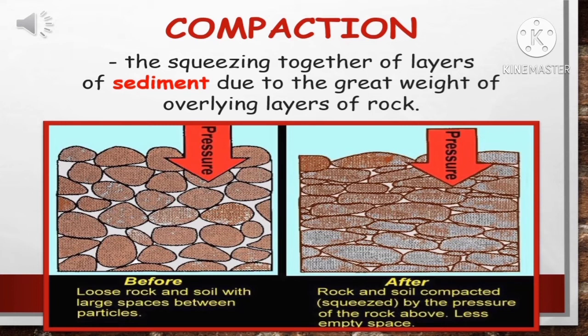Parang, it will become compacted, no? Because of the pressure na nanggagaling po dun sa mga bagong layers na kumukover, or sa bagong layers na dumadating at umiipit dun sa mga underlying layer. And that is what we call as compaction.